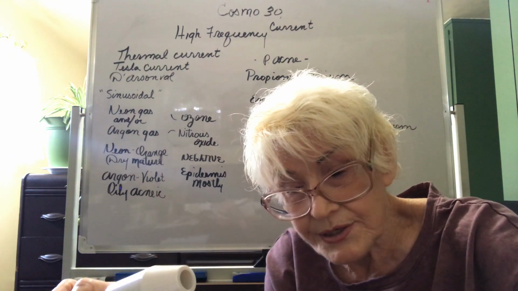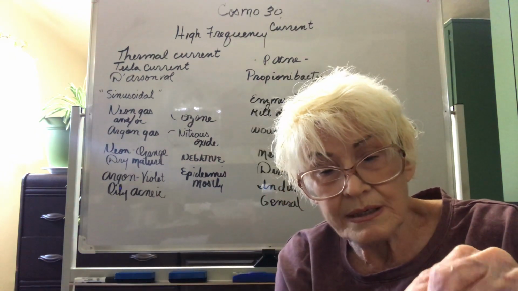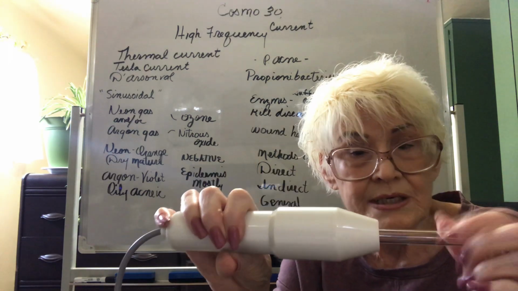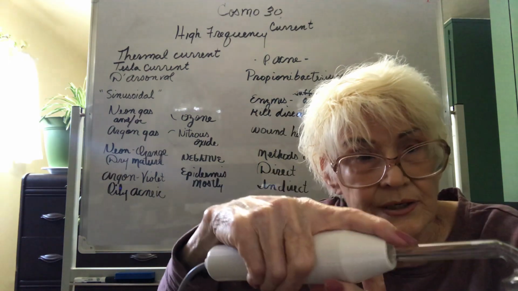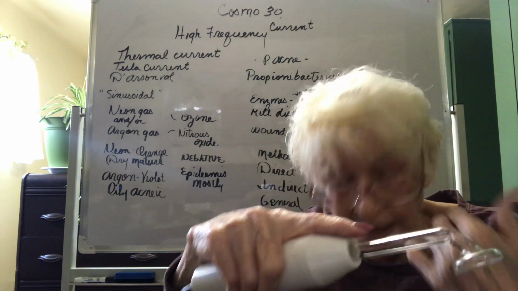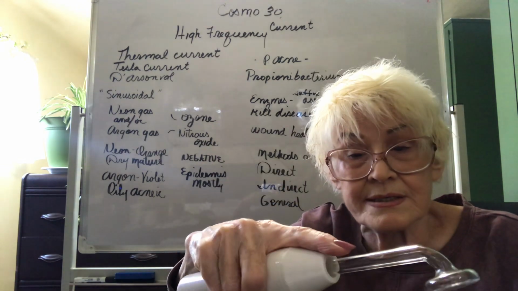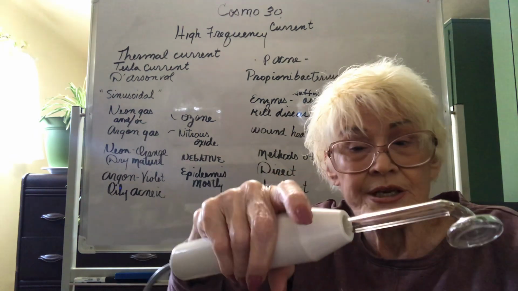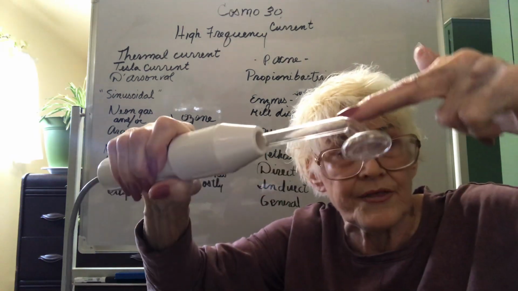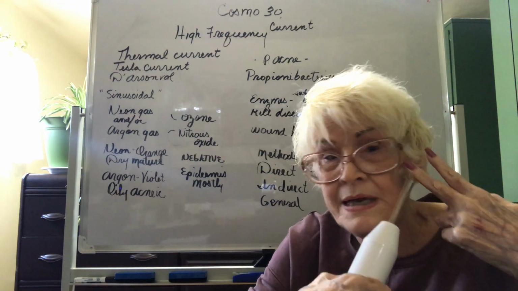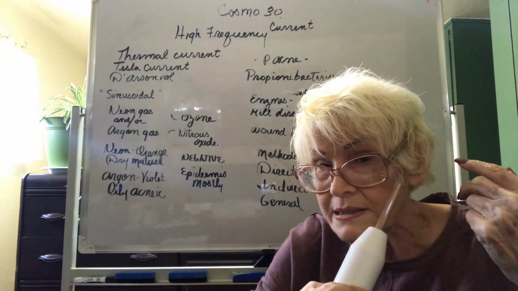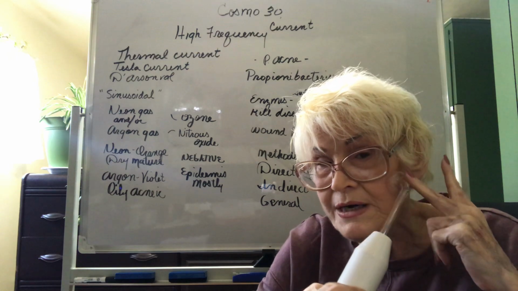When I insert my electrode, if my machine is turned on and I touch it between here and here, I can get an electrical shock. Okay, this is not appropriate. When you're making your contact, you're going to use your other hand. You'll make your contact and then you go to the face.